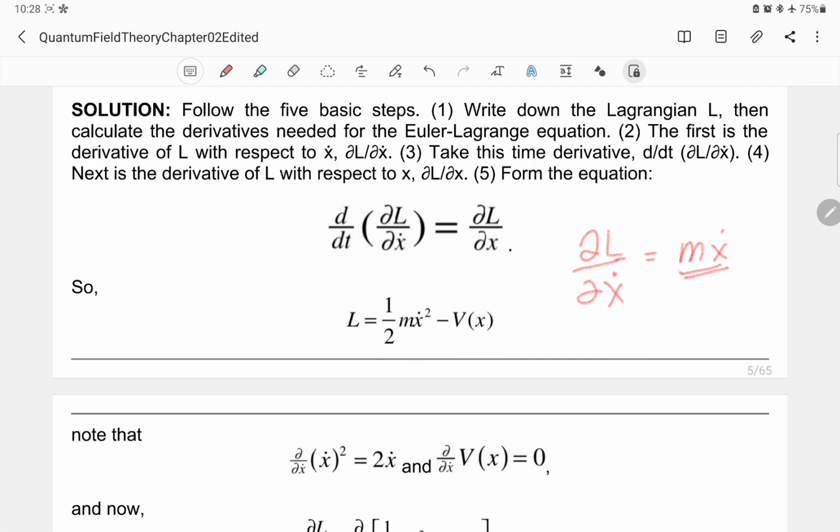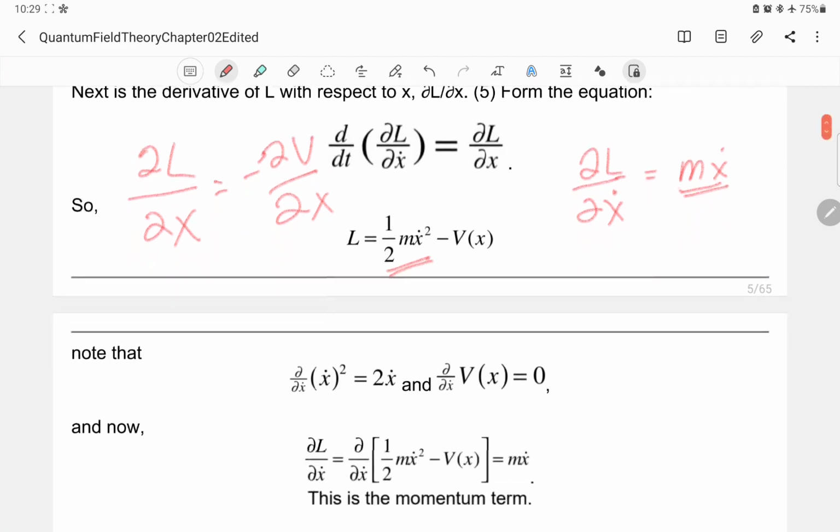The partial derivative with respect to x is just minus the partial of V with respect to x, since the kinetic term does not contain space, only velocities.